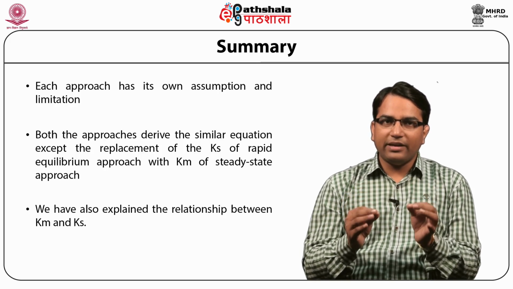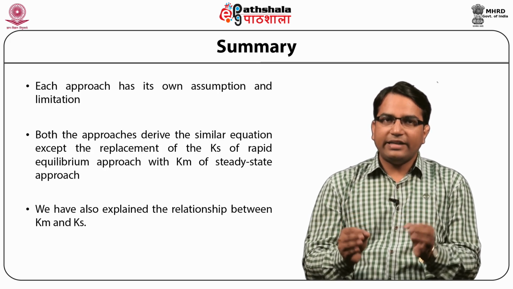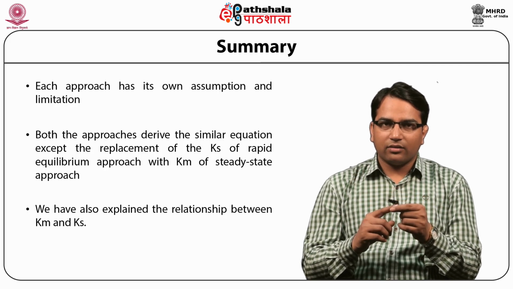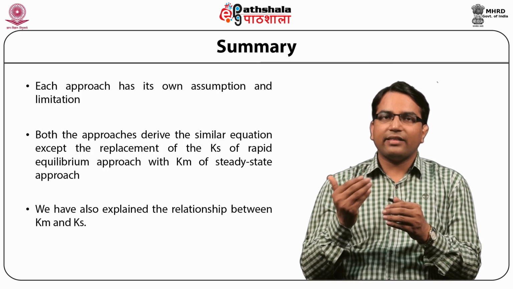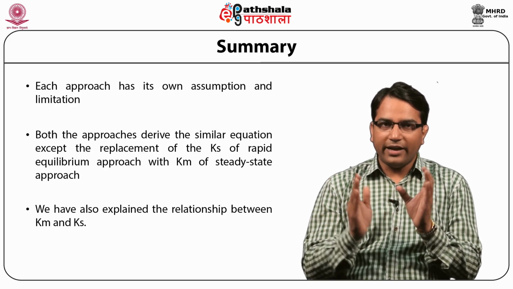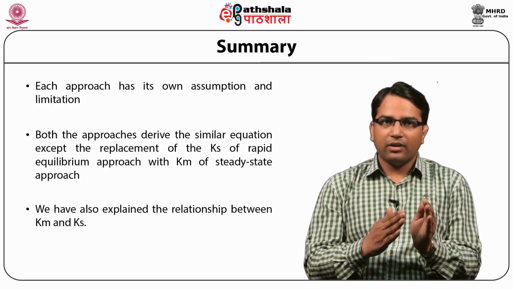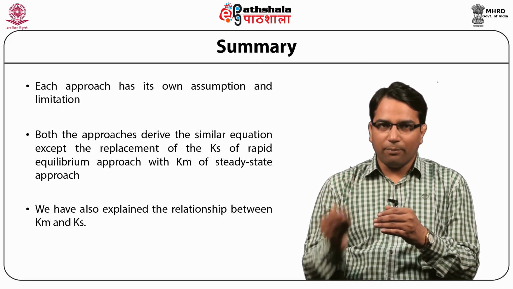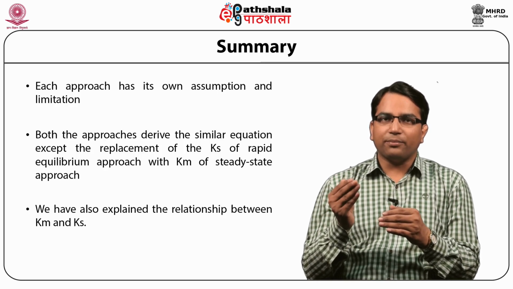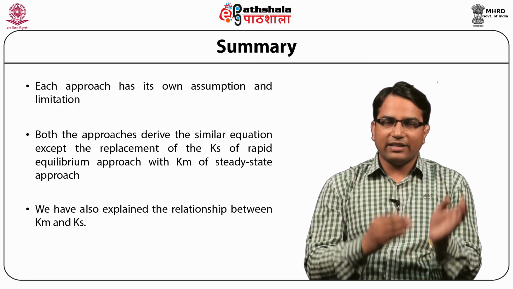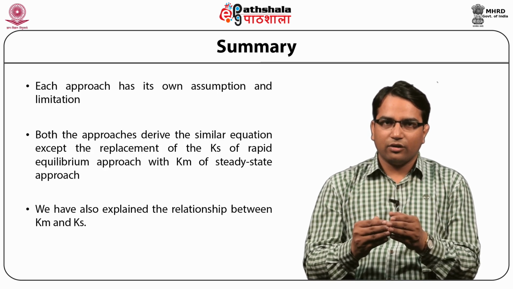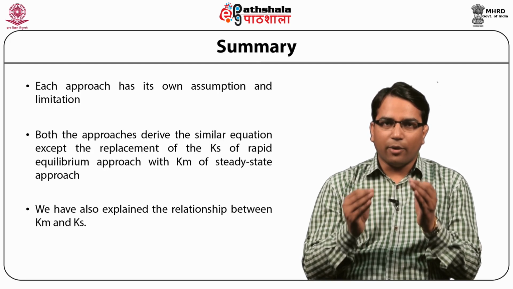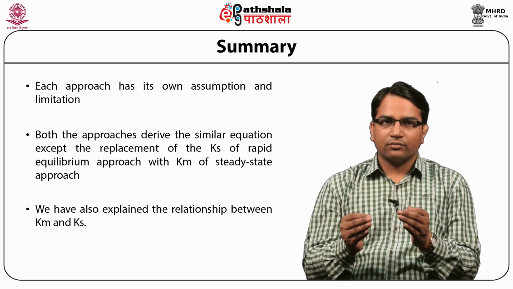In the rapid equilibrium approach, it is assumed that K minus 1 is greater than K plus 2. That means the enzyme combines with the substrate and produces the ES complex, and it goes back into free enzyme and free substrate. So we will have less formation of the product.